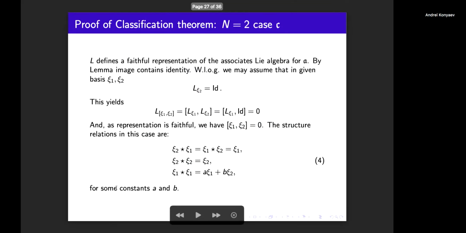So we see that after all this work, we basically checked several cases. How did we do that? We came up with a draft of structure relations, we wrote them, and then we said, well, different parameters of gamma yield different drafts.